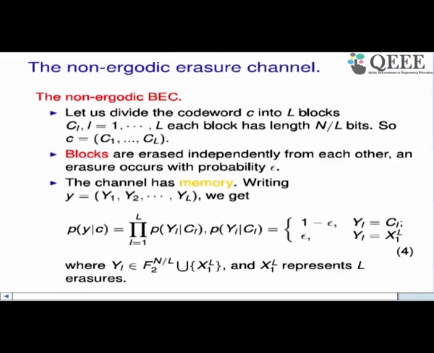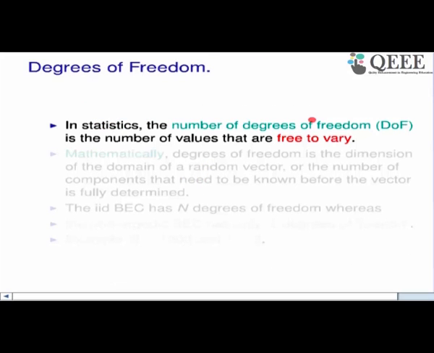Any questions here? So we now have three classifications. First classification: flat and frequency selective. Second: slow and fast fading. Third: ergodic and non-ergodic. There is a new concept entirely being introduced now, that is the concept of degrees of freedom.